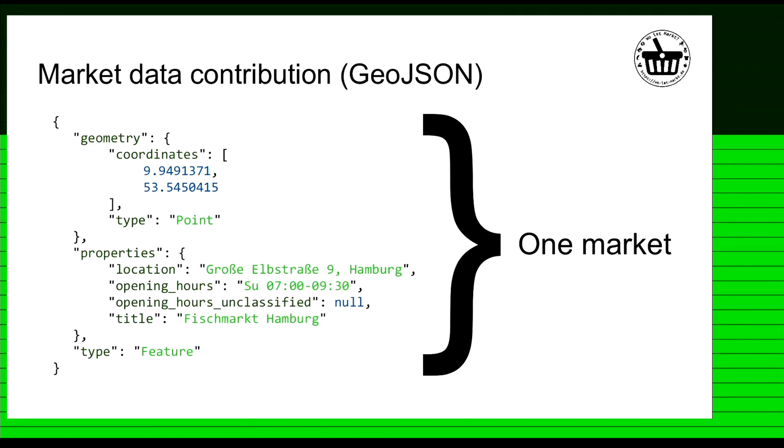It's quite easy. You need the location, you need the opening hours, and a title, more or less. And the opening hours format is taken from what OpenStreetMap is using. It's quite readable. And in case you cannot fit the opening hours, then there's another property called opening hours unclassified, where you can add any text.